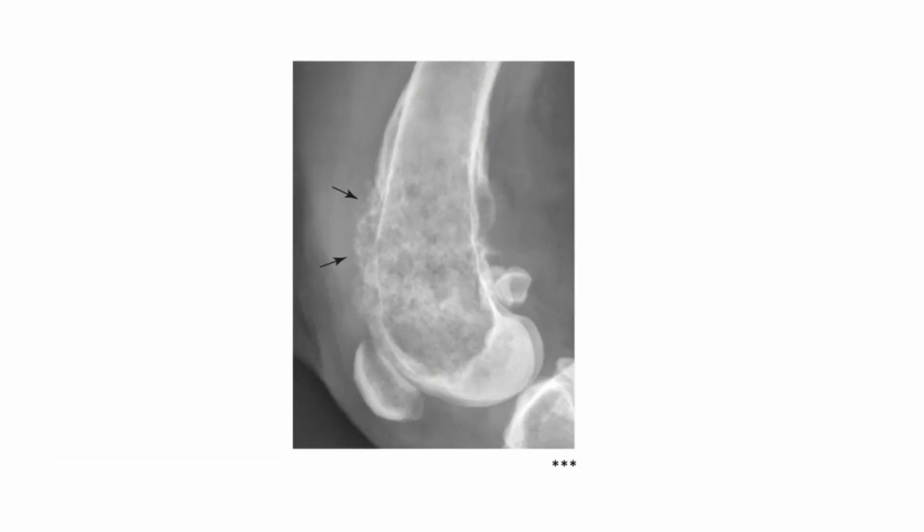So let's take a look at an example. Here we have a lesion affecting the distal metaphysis of this femur. It's towards the stifle, very close to the stifle joint, so this is a predilection site for osteosarcoma.